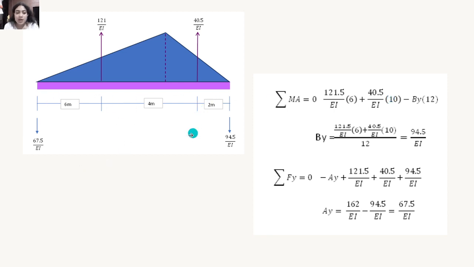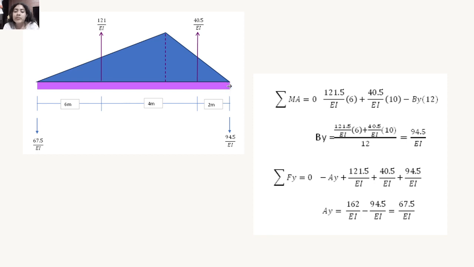Why? Because 6 plus 4 is 10. It's the distance of this force, and 6 is obviously the distance at the point A to the 121.5. And last, Bj multiplied by 12, the whole beam, at this point.